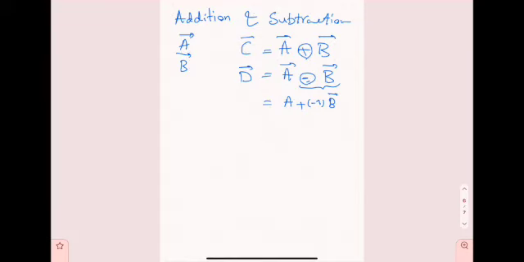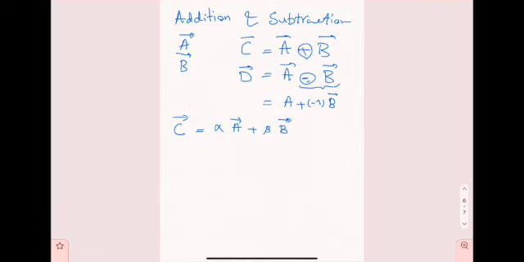So for example, I can define my vector, let's say again, C, as a scalar, let's say alpha times A plus another scalar, let's say beta times B. Now here the vector C is a linear combination of A and B vectors.